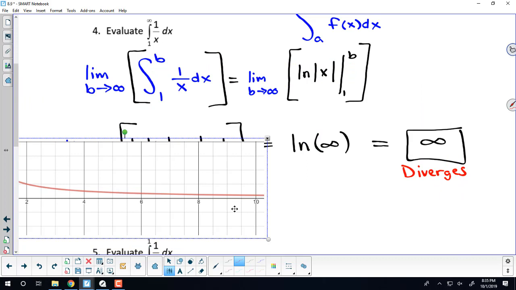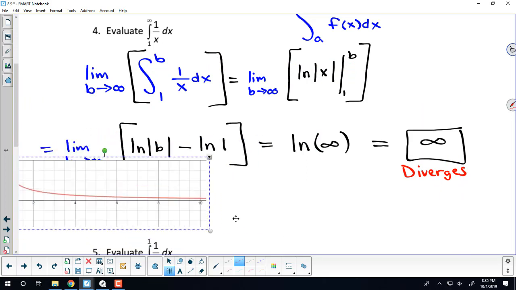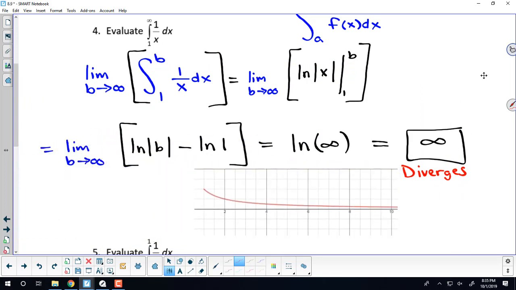That's another way to interpret that. I don't know if that's obvious or not, but I don't think it is obvious. All of this area is infinite.